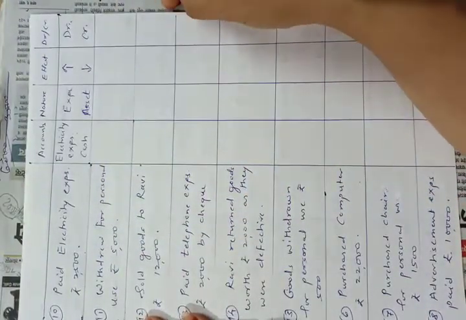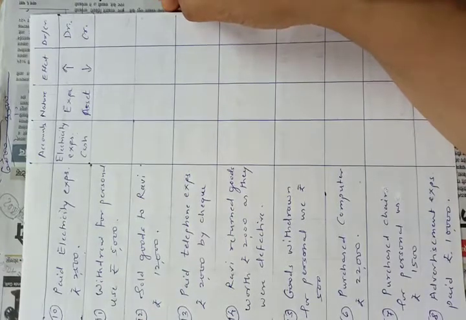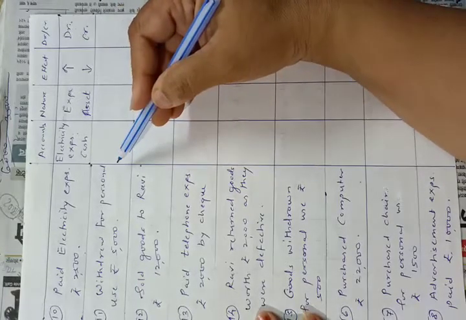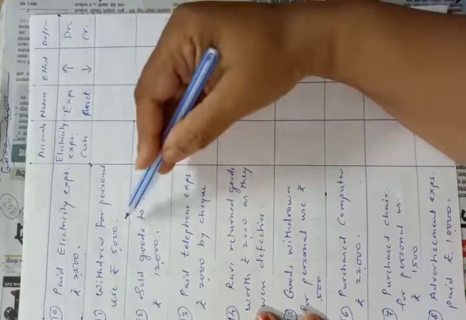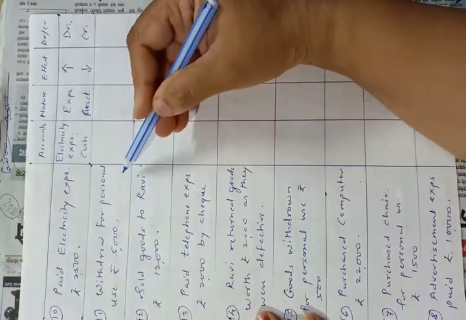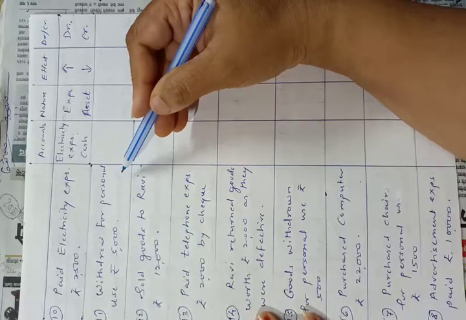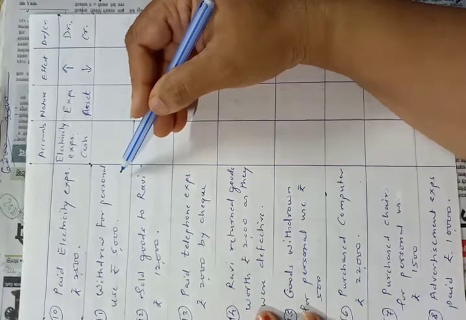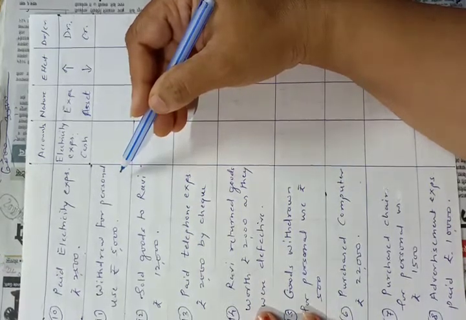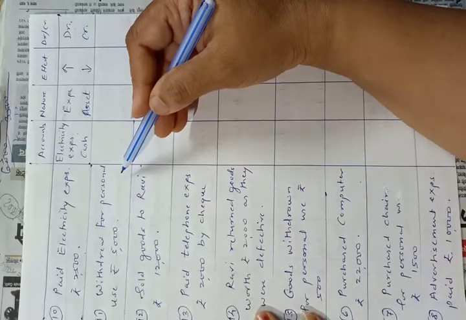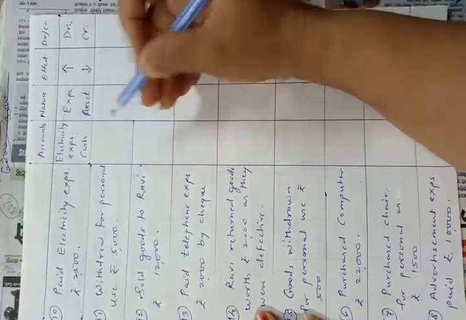Now next transaction. Withdrew for personal use rupees 5,000. In this transaction, the owner is withdrawing rupees 5,000 cash from business for his personal use, and amount withdrawn by the proprietor, that is owner, for personal use is named as drawings. So one account will be drawings account, and as he is withdrawing cash, second account will be cash account.